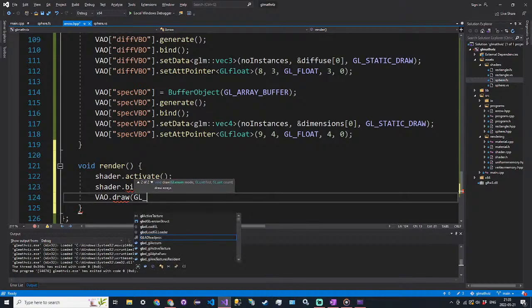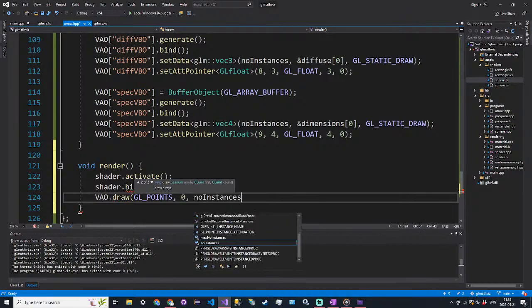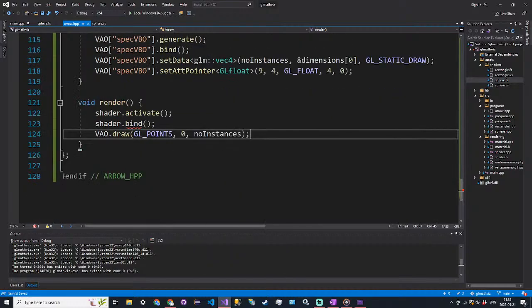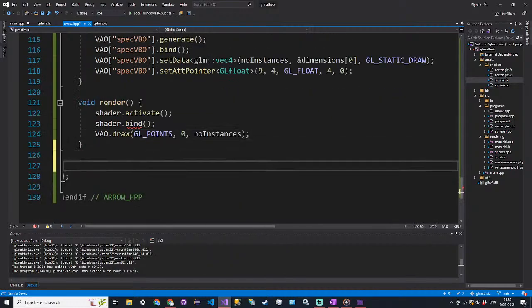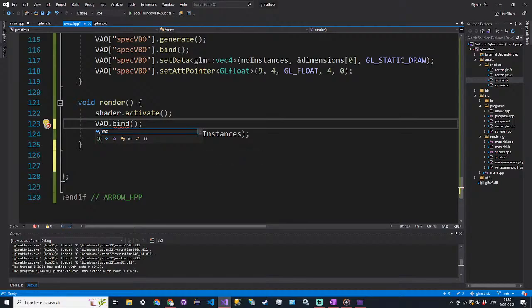So the mode is going to be GL points. We just want to draw one at a time. And then the first value will be 0, and then the count will be number of instances. Simple as that. Sorry, this should be VAO.bind.